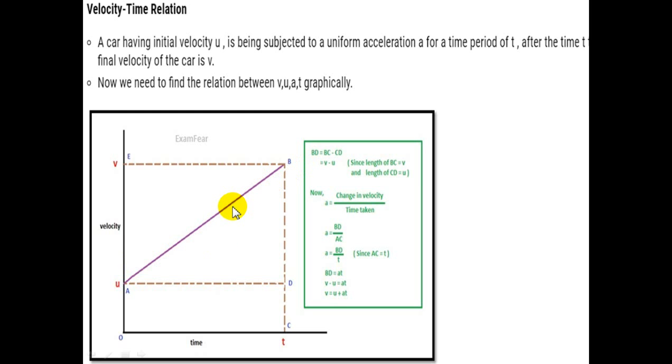The velocity is changing in a uniform way, with a difference of 10 each time, so we can say there must be a uniform acceleration also. So we are also considering a here, and t, after which the final velocity is taken.